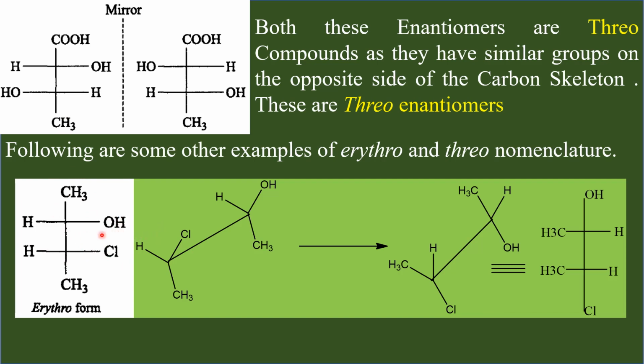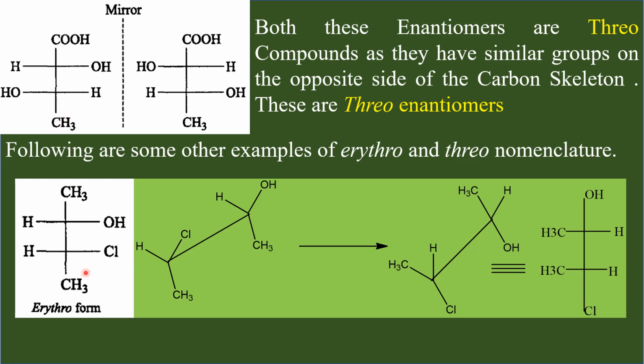So how are you going to identify this as erythro or threo? Yes, these are the similar groups, hydrogen, hydrogen on the same side. The two groups in the vertical line are also on the same side. That you have to remember. Therefore, this is the erythro isomer. The two groups present in the vertical line are also on the same side.